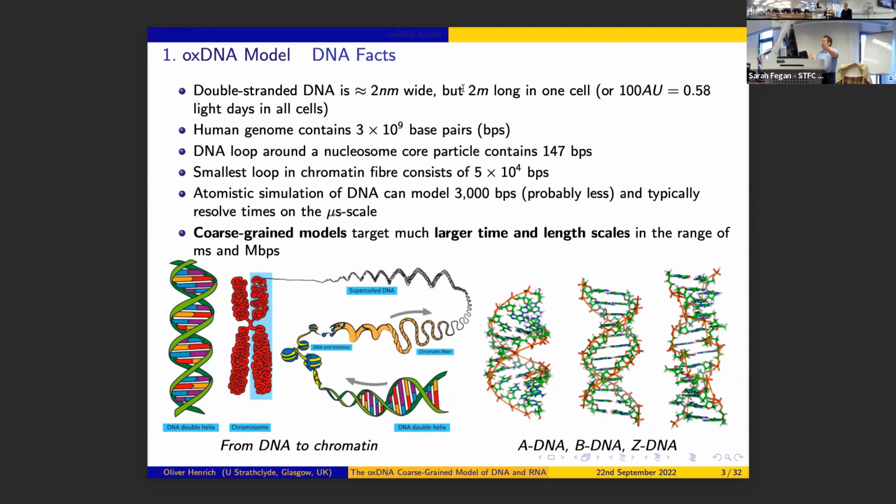And if you take the DNA of all your cells in just one human being, it is about 100 astronomical units. The distance to Pluto, not a planet anymore, is 40 astronomical units. The astronomical unit is the distance between the Sun and the Earth. So the DNA in all of your cells is 100 astronomical units, or about 0.6 light days.